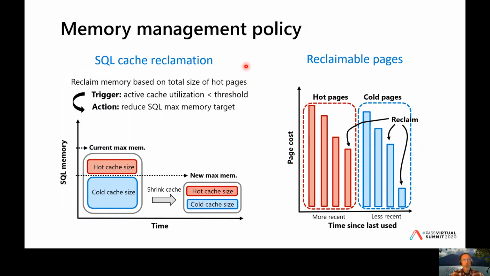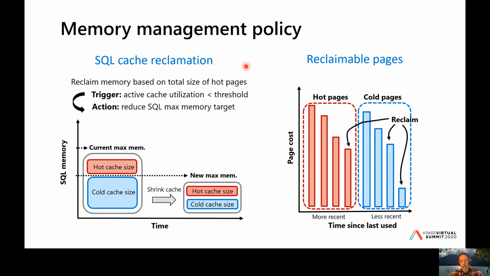So how does memory reclamation actually work in serverless? Every single cache entry has a timestamp, and on a periodic basis, we will analyze each cache entry and determine when it was last accessed. If it was last accessed relatively recently, then it will be earmarked as a hot cache entry, and otherwise as a cold cache entry.